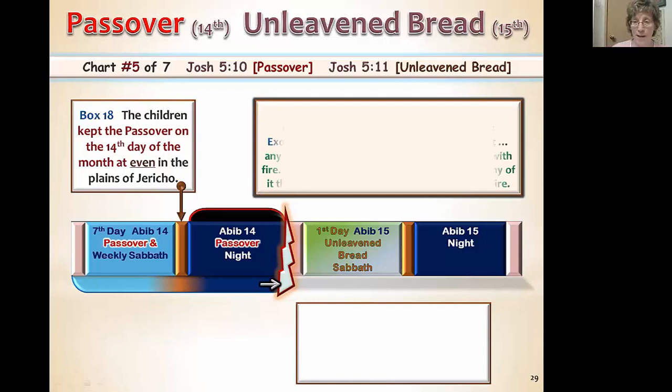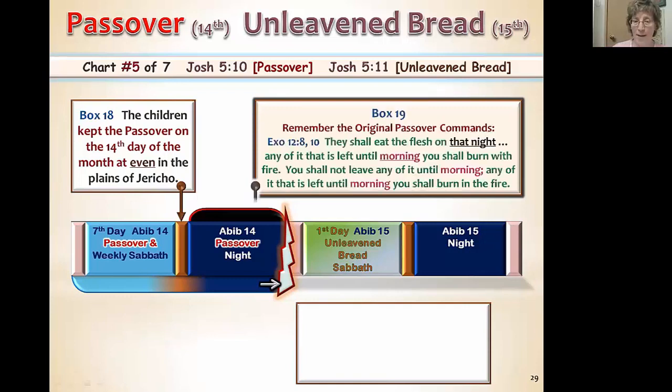And then on that Passover night, you all know what happened. There was that original command from Moses in Exodus 12. I'm going to read it. They shall eat the flesh of that Passover lamb on that night. That is the night of Passover day season. And if any of it is left until the morning, you shall burn it with fire.